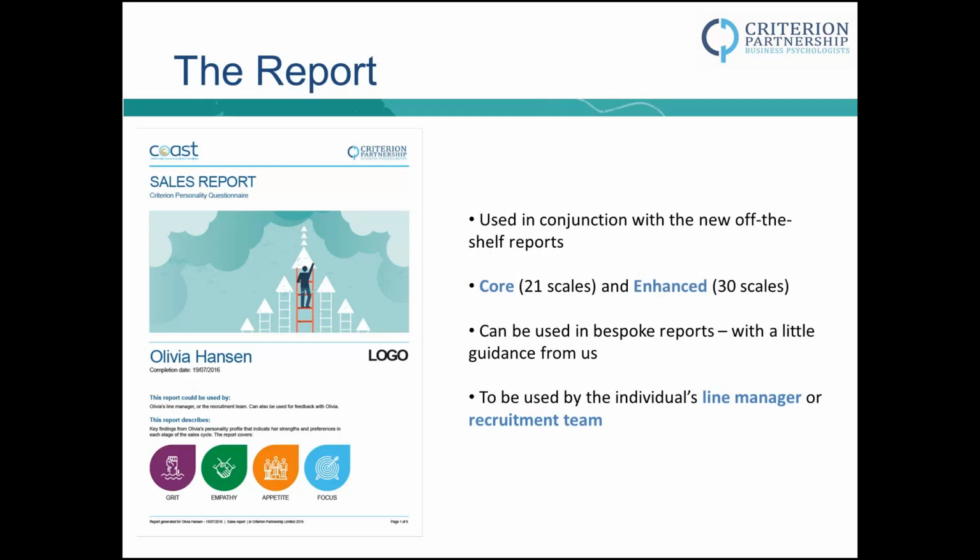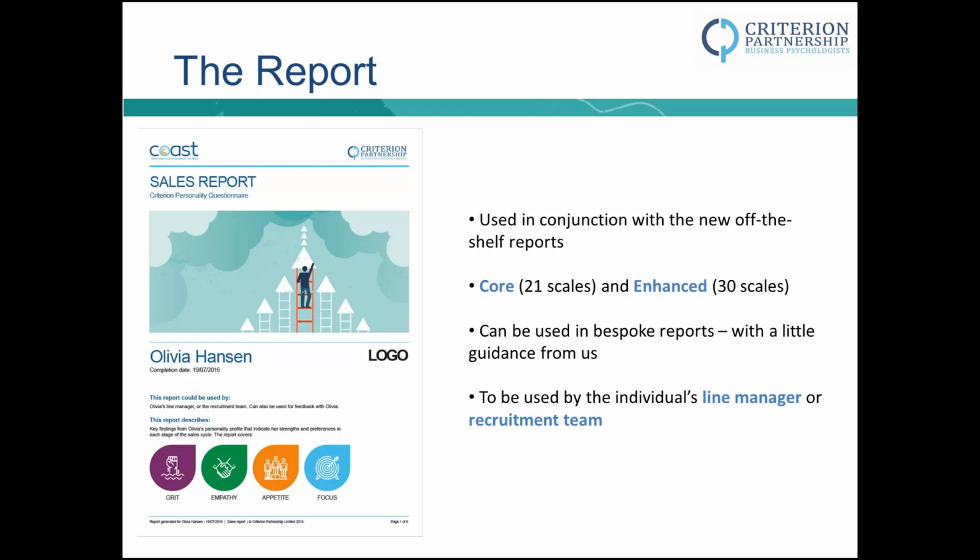So your respondents will have filled in more information about themselves, so we have a richer source of data to draw on there. But the core one is great as well. It's quicker for your respondents to go through if that's an important thing for you, and it still maintains a really good level of information, so that one's absolutely fine.